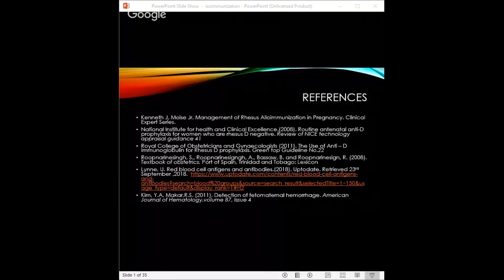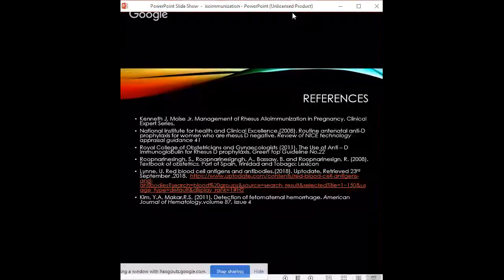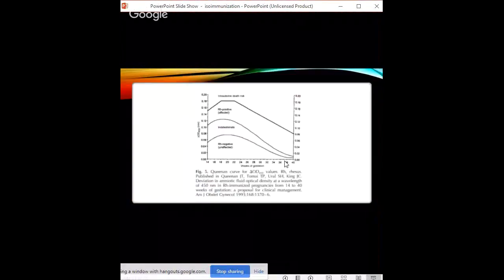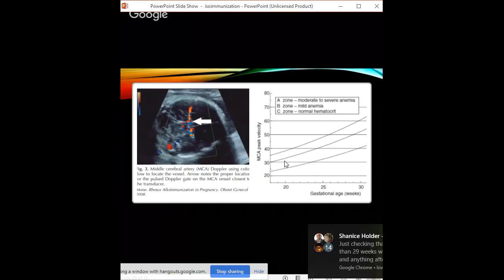Stephen Hernandez says, Charlia, can you explain the middle cerebral artery test again, please? So this is the middle cerebral artery test, and what is done is they use the ultrasound Doppler.